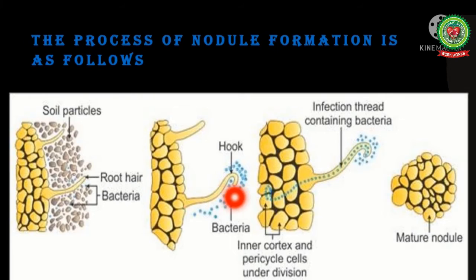The bacteria invade the infection thread and reach up to the inner cortex of the plant. The bacteria after reaching the cortex stimulate the initiation of formation of root nodules. Bacteria enlarge in size and become bacteroids, thus leaving the infection thread and entering the cell, that is, stimulating the cortical and pericycle cells to divide.